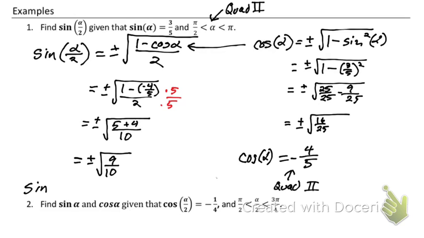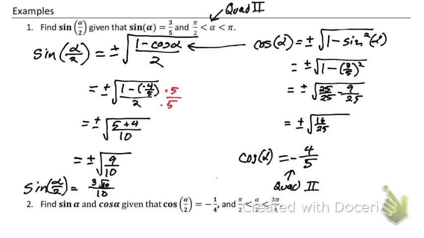So that means our sine alpha over 2 is just going to equal 3 square root of 10 over 10. Yeah, did I make a mistake? 3, yeah, 3. That's what happens when I try to do too much in one go. Now I have to decide if there's a positive or a negative in front of it.